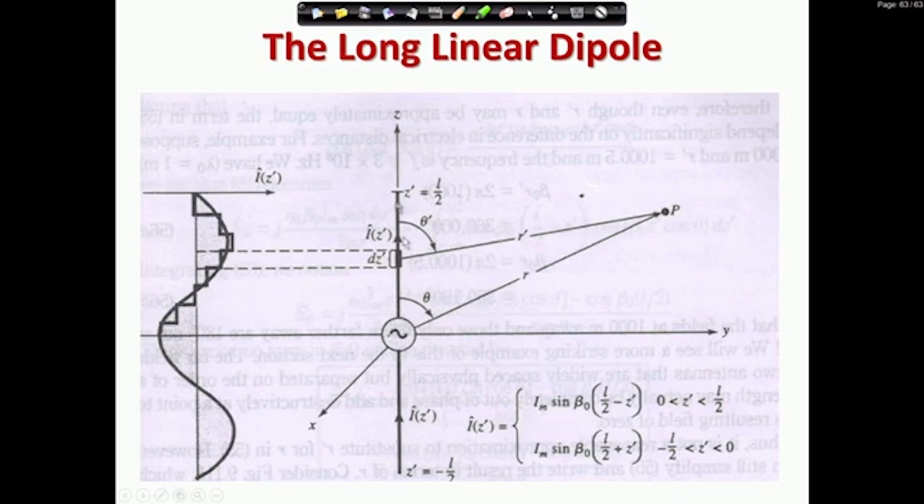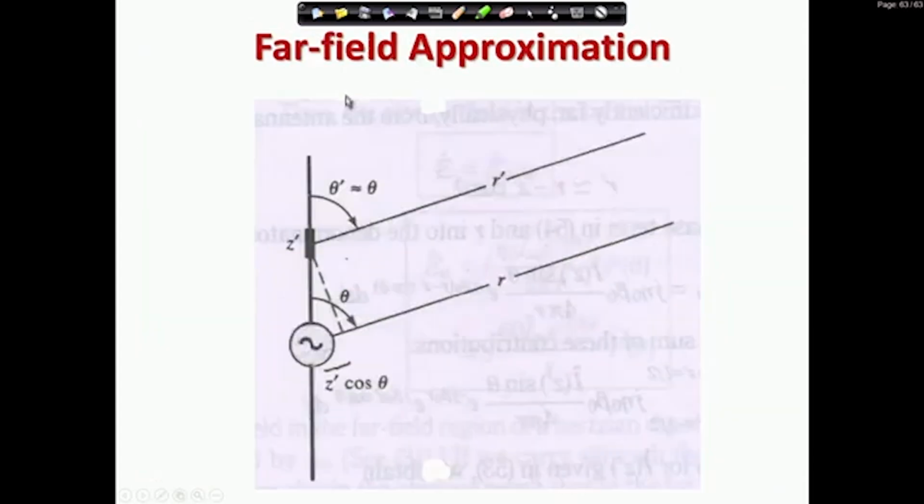So, that is why in both the cases the currents go to 0 at the ends, and it has some other distribution here, sinusoidally distributed. So, once we write this, we can have the far field approximation. Now, you see that this distant point P is sufficiently away, that means r is much greater than z dashed.